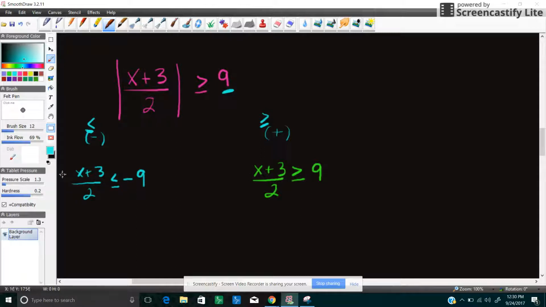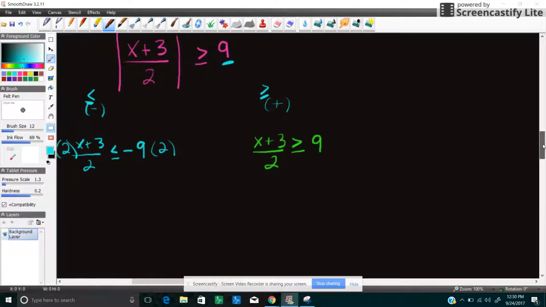Since we have division here, we actually have to multiply by 2 first, which gives me x plus 3 is less than or equal to negative 18. I subtract 3 from both sides, so x is less than or equal to negative 21.